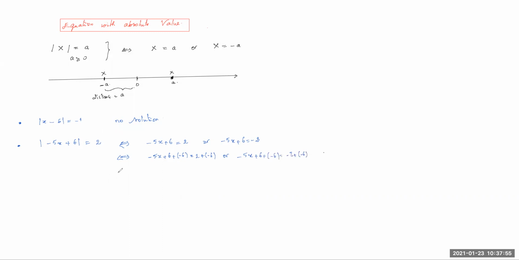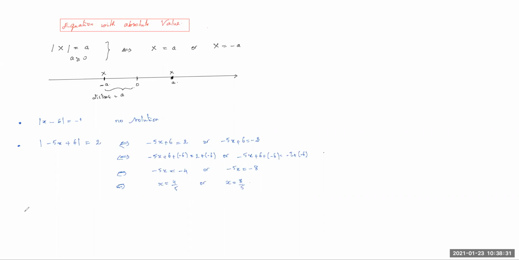This gives me minus 5x equal minus 4, or minus 5x equal, so here the two terms cancel, we get minus 8. Finally, the possible solutions are x equal 4 over 5, or x equal minus 8 over minus 5, which is 8 over 5. Those are my two possible solutions.